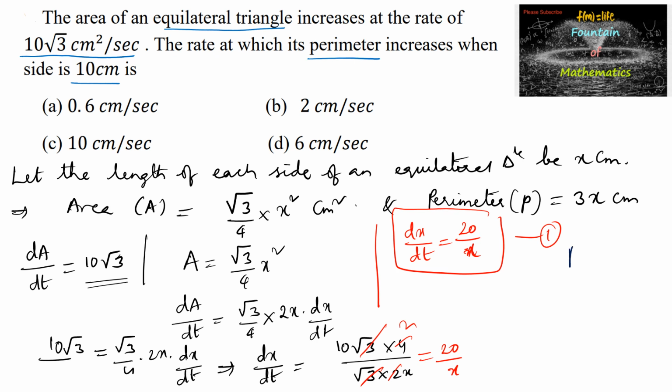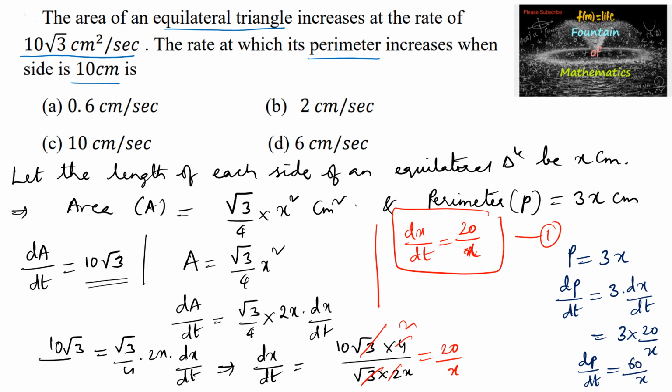Now the perimeter. Since the perimeter is 3 times x, differentiating with respect to t, we get dP by dt is equal to 3 into dx by dt. From 1, dx by dt is 20 upon x, so we get 3 into 20 upon x, that is 60 upon x, which is dP by dt.